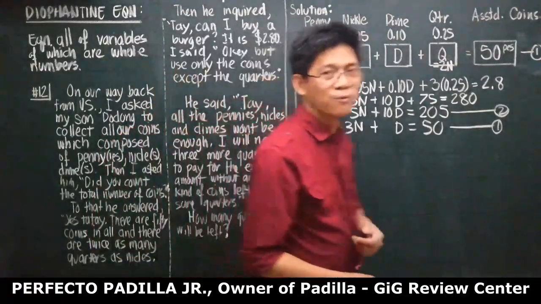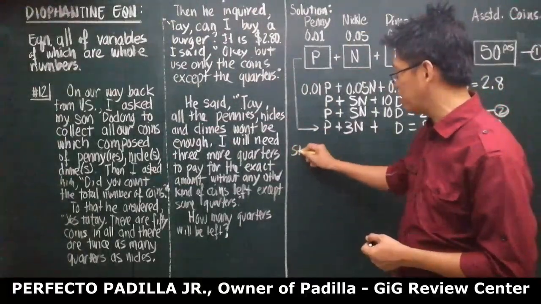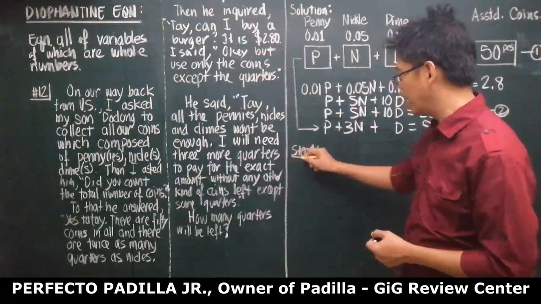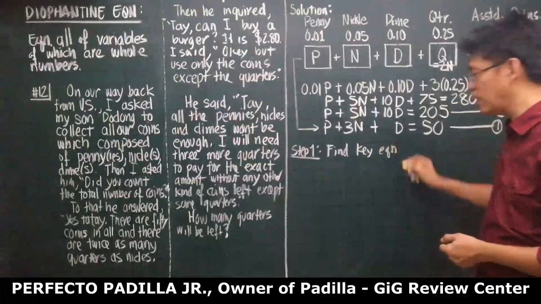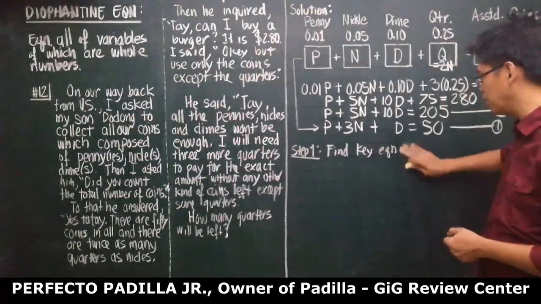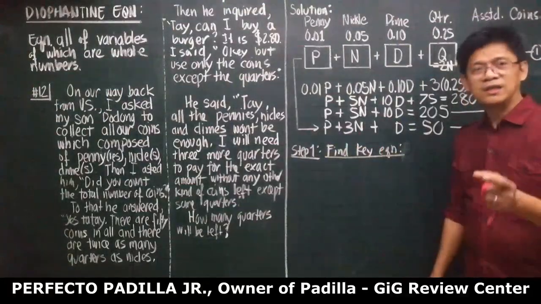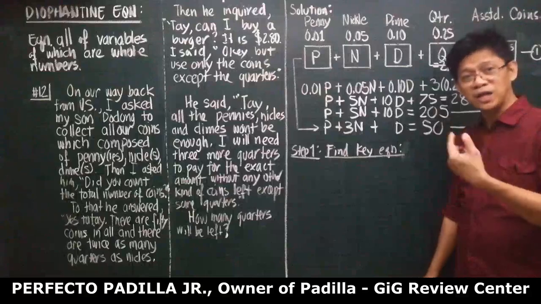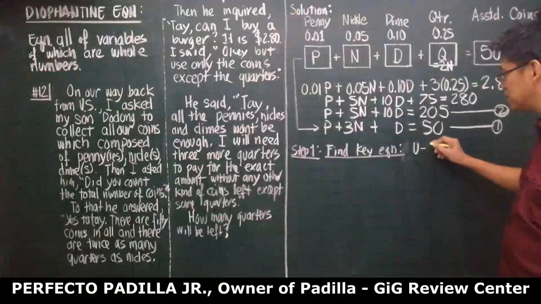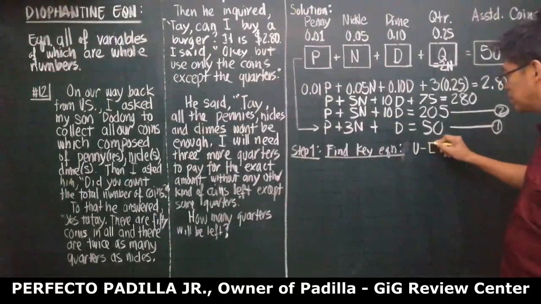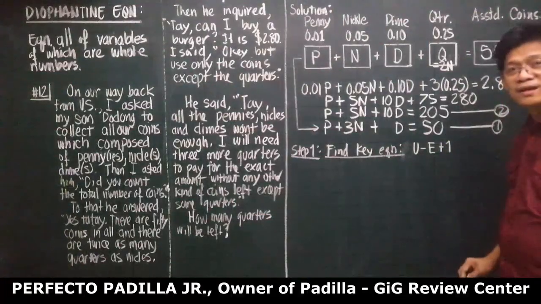No? Now, ang una nyong gagawin dito, yung step 1 ng pag-solve, is to find your key equation. How will you identify your key equation? Now, isolve natin yung number of unknowns minus number of equations plus 1. Okay?